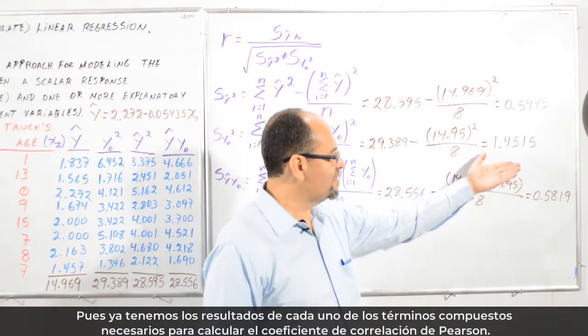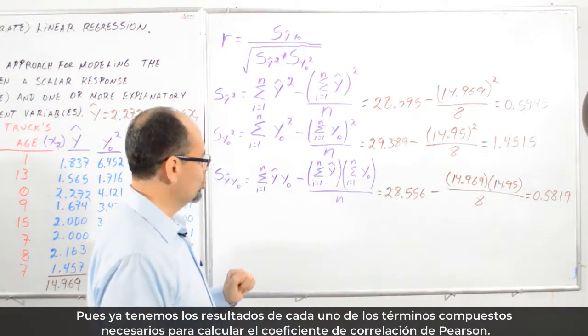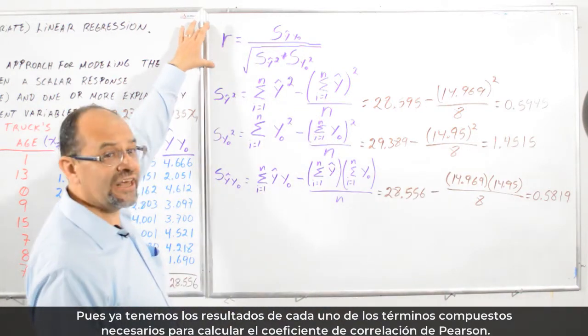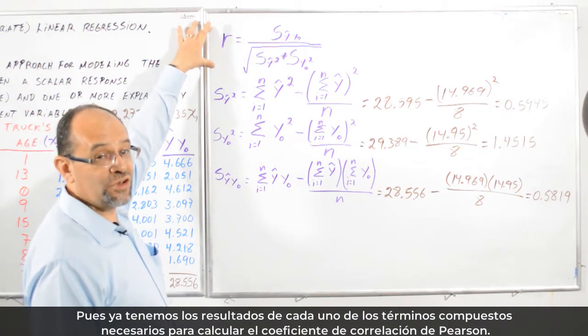Here we have the results of each of those calculations, which is all I need to obtain the Pearson coefficient of correlation.